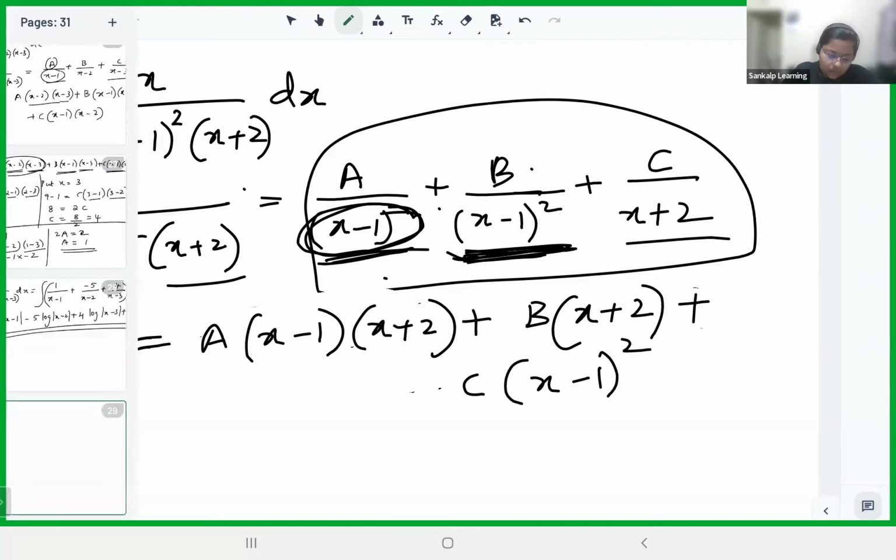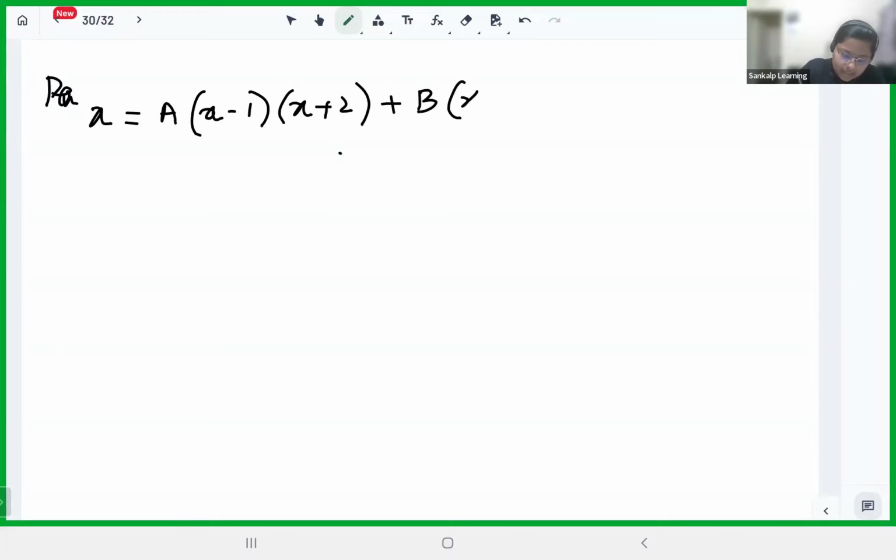Now what you have to do is put the values and check. So first of all, we can write it again: x equal to a into (x minus 1) into (x plus 2) plus b into (x plus 2) plus c into (x minus 1) the whole square. Okay, this is how you write that.